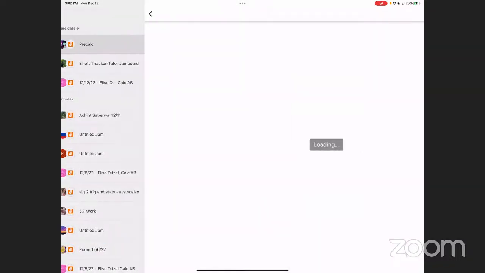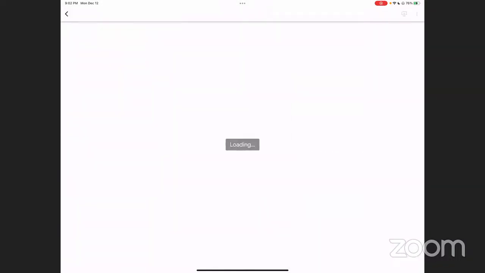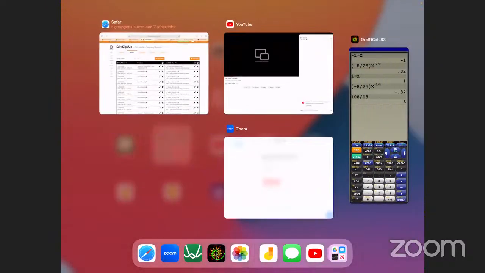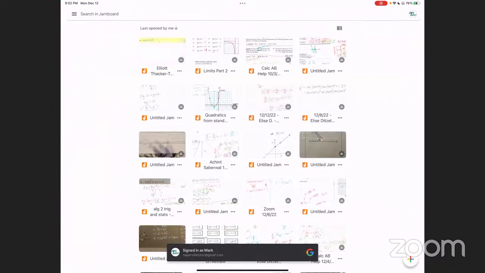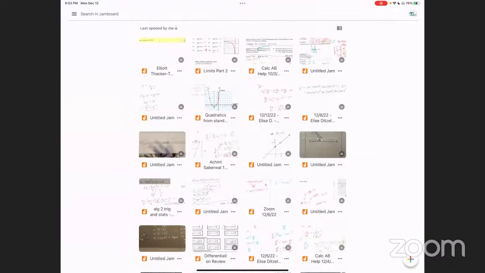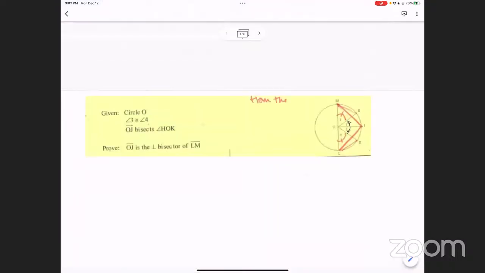I don't know why it's so slow loading sometimes. Try closing and opening again, but hopefully it will happen faster. Come on.